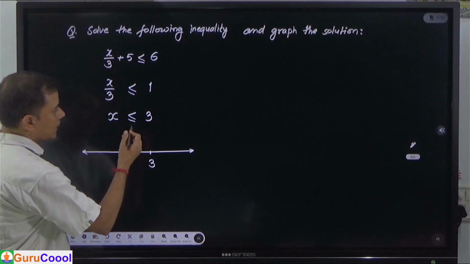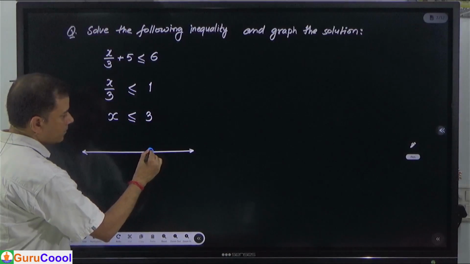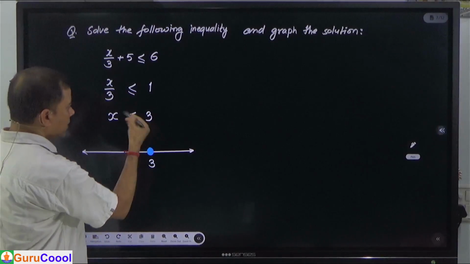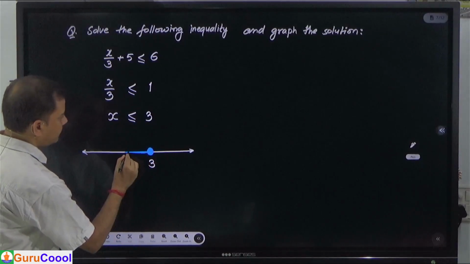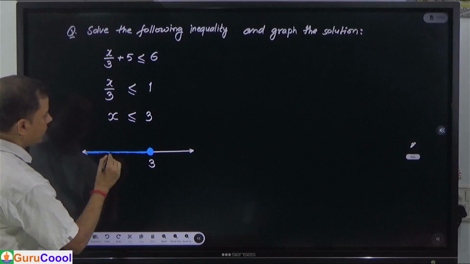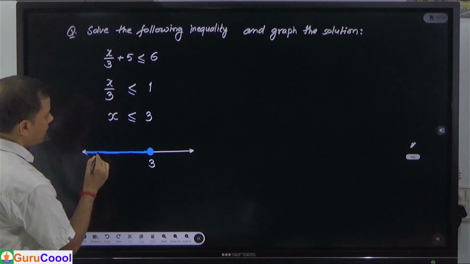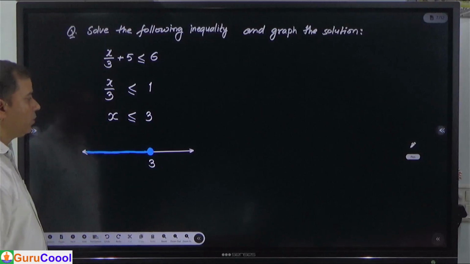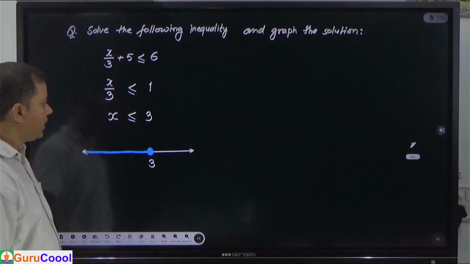That means equal to 3 means we have to draw a closed circle, because x is equal to 3 also. And lesser than 3 means we have to darken this line on the left side of 3. That means x can be any number lesser than 3. I hope you understood how to graph the solution of linear inequality.